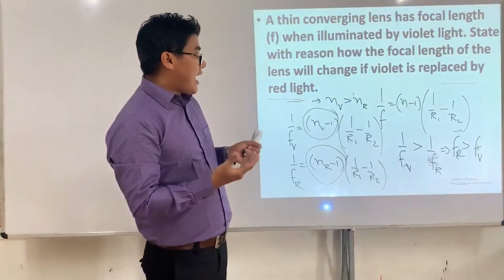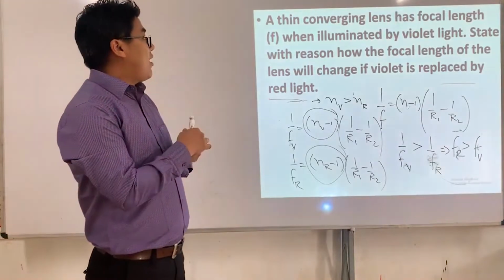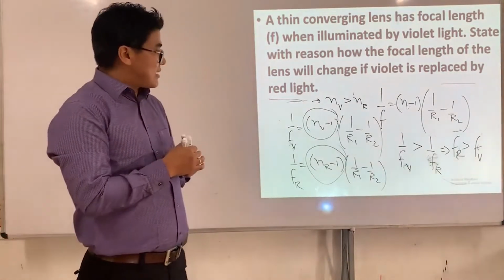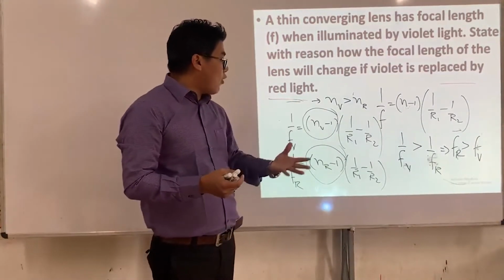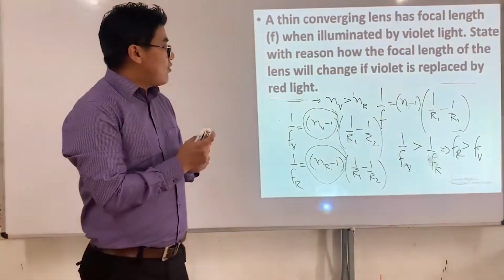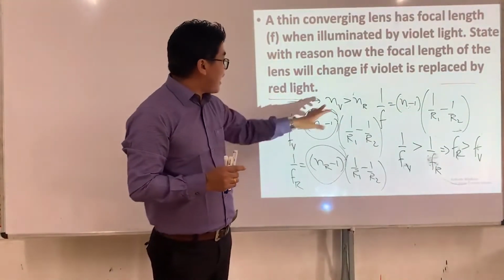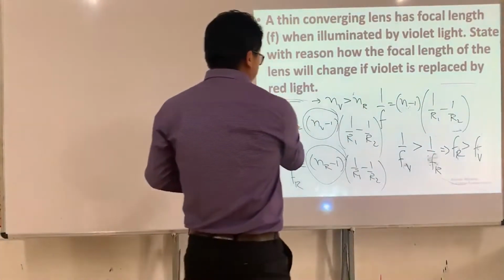The focal length of red is going to be more than the focal length of violet. When we replace violet by red, focal length is going to increase. Why? Because the refractive index of violet is more than the refractive index of red. This is the second problem.